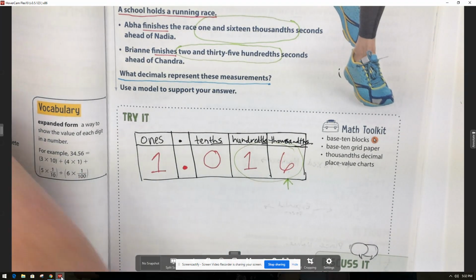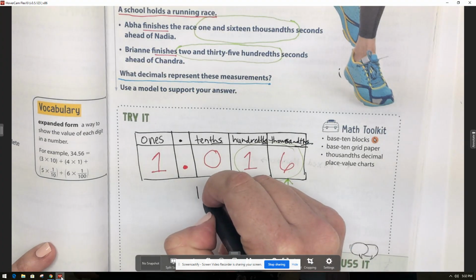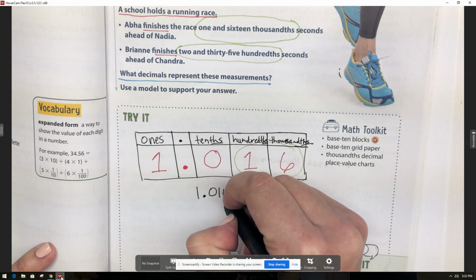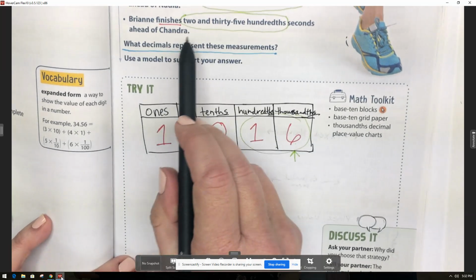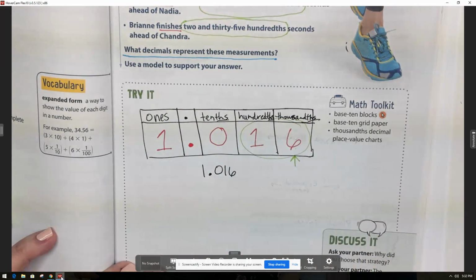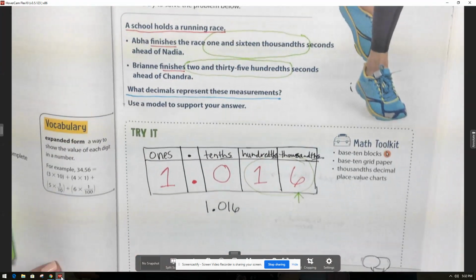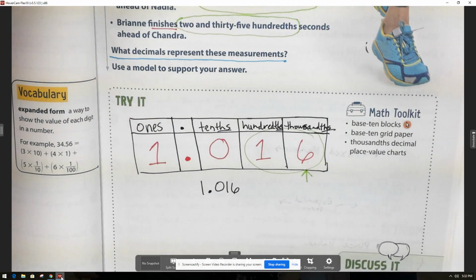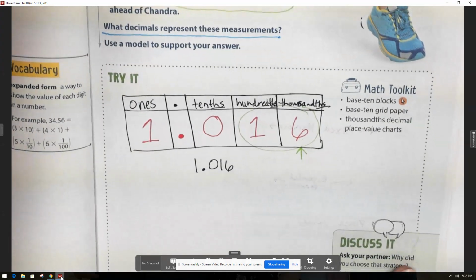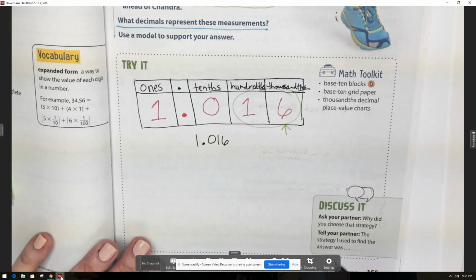So we would write our decimal as 1 and 16 thousandths. Now let's do our second value here. Our second value is the 2 and 35 hundredths. So if I were going to do that one, I'm going to make another place value chart.